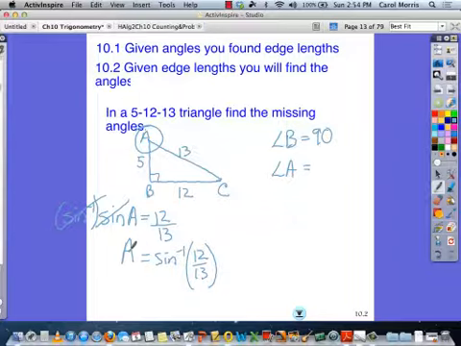So now watch what happens. On your calculator, you have your sine, cosine, and tangent keys, and immediately above them, you have sine to the -1, cosine to the -1, tangent to the -1.